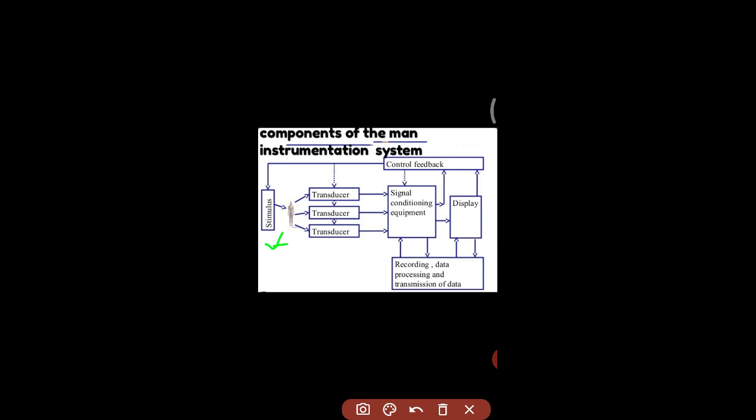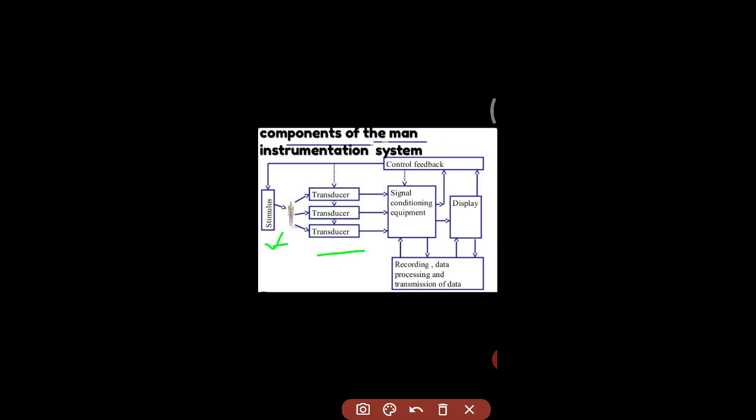Now the third one is the transducer, a device capable of converting one form of energy into another form of energy.